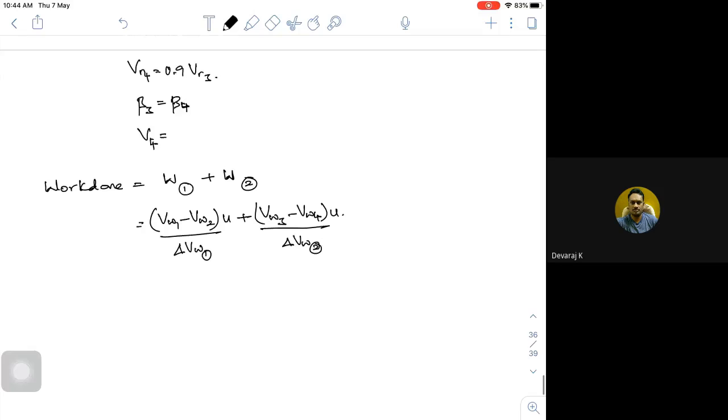Combining, you can write it as, this is minus of minus, so this will become VW1 plus VW2 plus VW3, because VW4 is 0, multiplied by U.